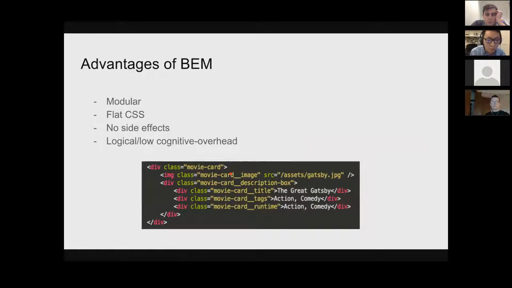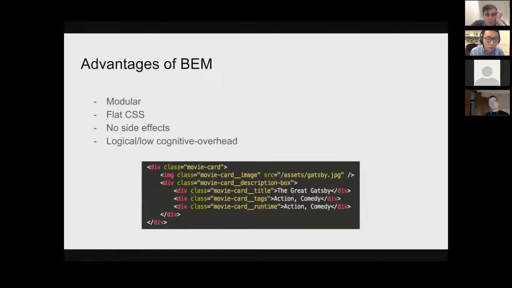It also makes it very flat because everything is just one specificity. So there's no side effects at all. I know that everything for movie card title will only affect movie card title. And this is really logical, and I don't have to think for 2 minutes about how to name everything.